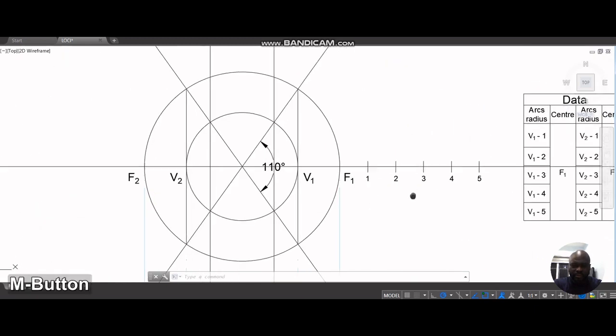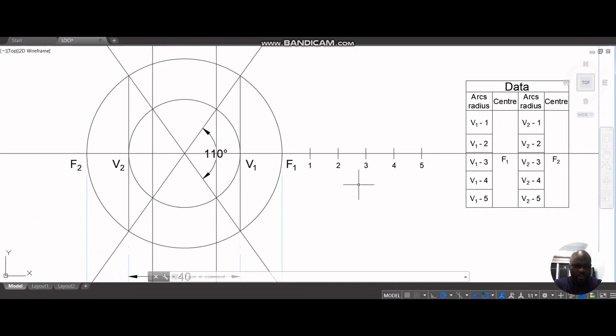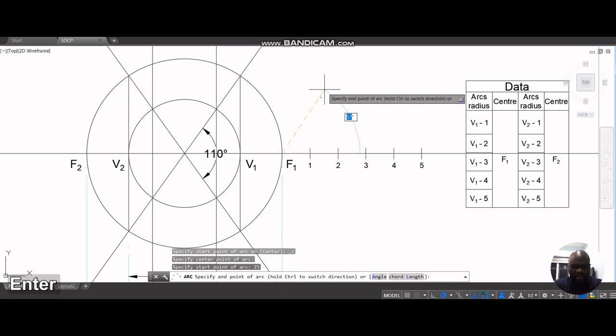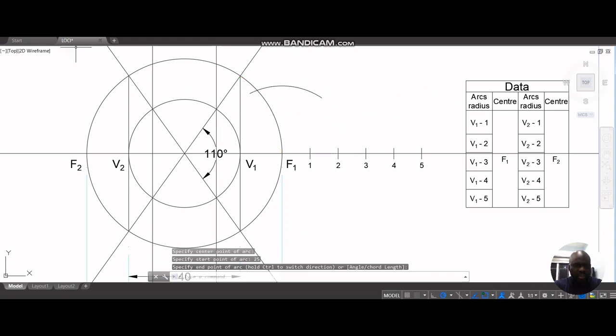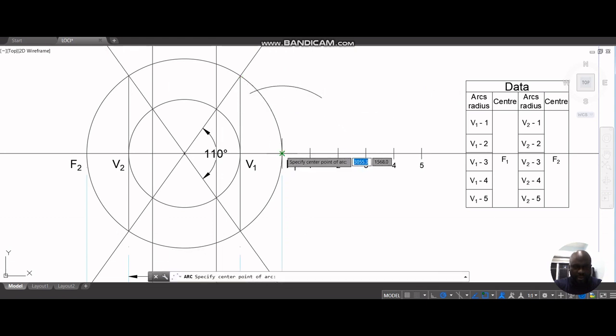Let's watch. So from V1 to 1, I have 25. With center F1, your arc with the same radius 25, you cut an arc this way, up, and with the same radius, you cut an arc down.